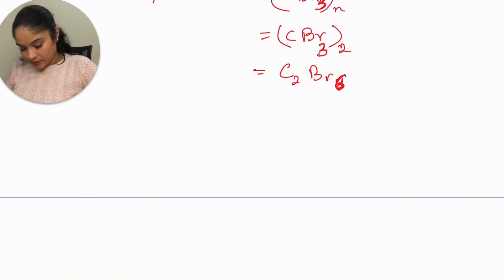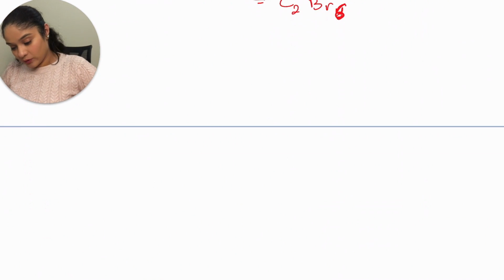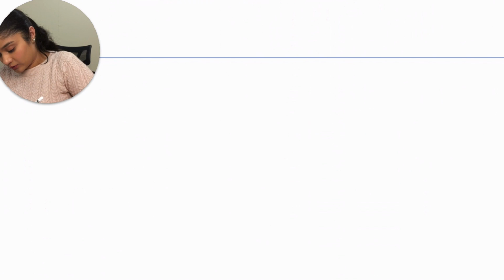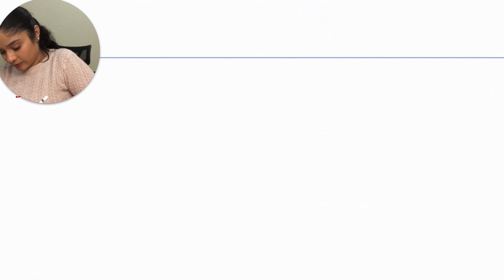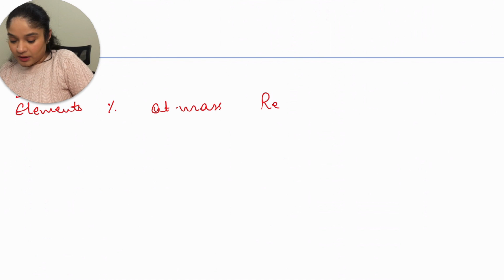And this was question number 12. Okay, I do have the question in front of me as well, so that I don't have to go up and down again, it's wasting a lot of time. So I have the elements, percentage, atomic mass, then relative number of atoms, and simple ratio.